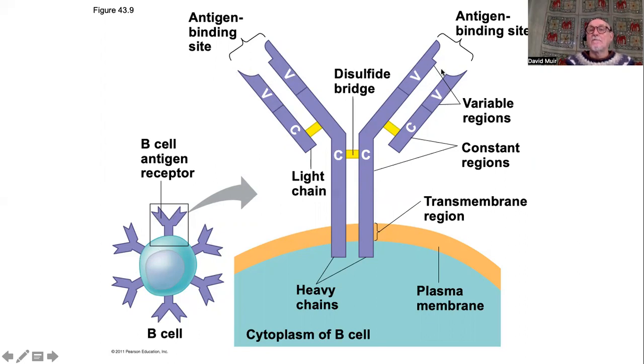So this whole unit here is identical to that whole unit there. And this is what gives the B cells the incredible diversity, because these variable regions are generated at random. This is how eventually our immune system could react to 10 to the 14 different antigens if you wait long enough.